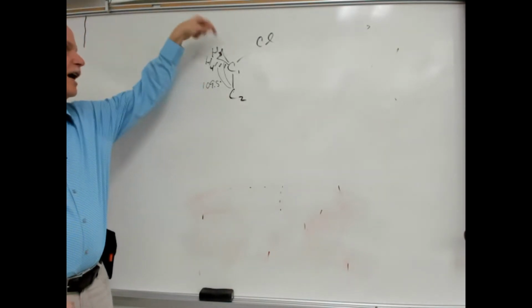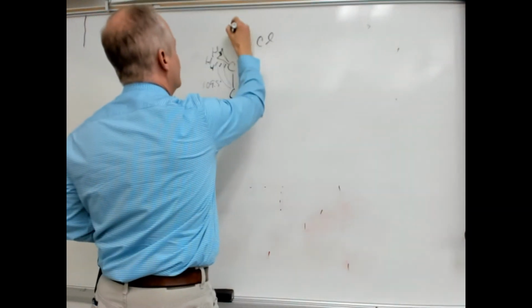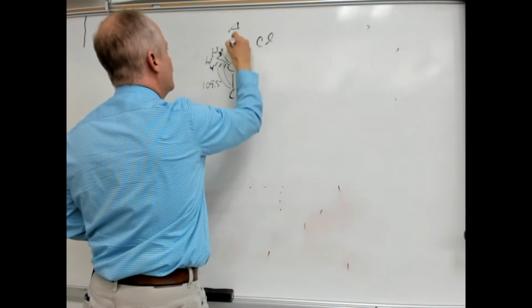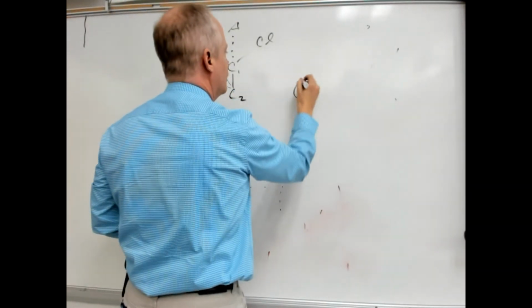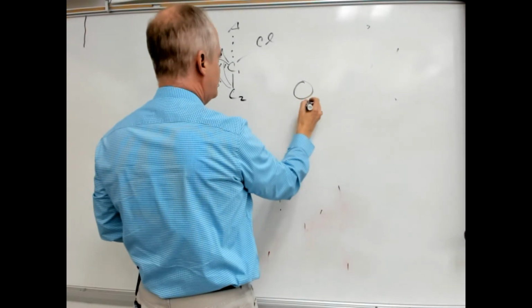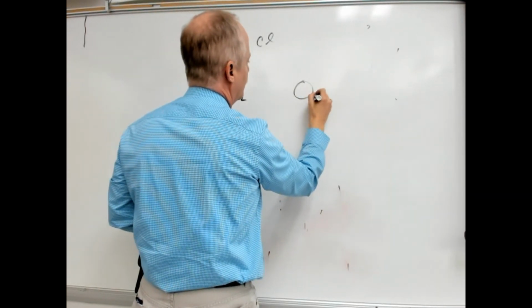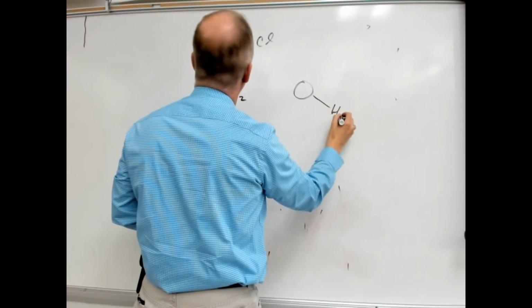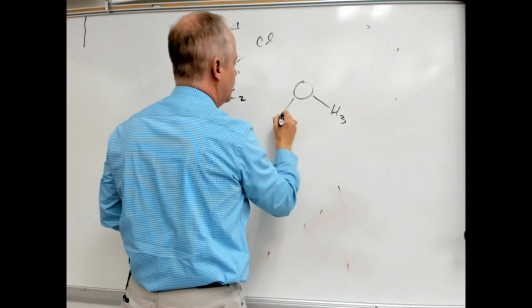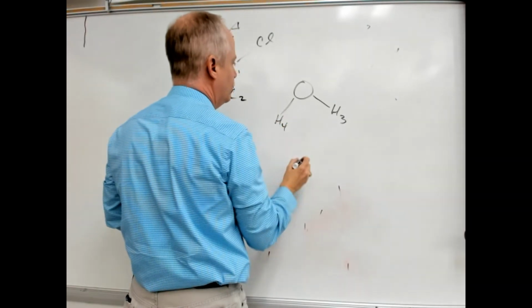Now let's look down the axis. So looking down here, let's draw it. Sort of a Newman projection. And we have H3, H4.